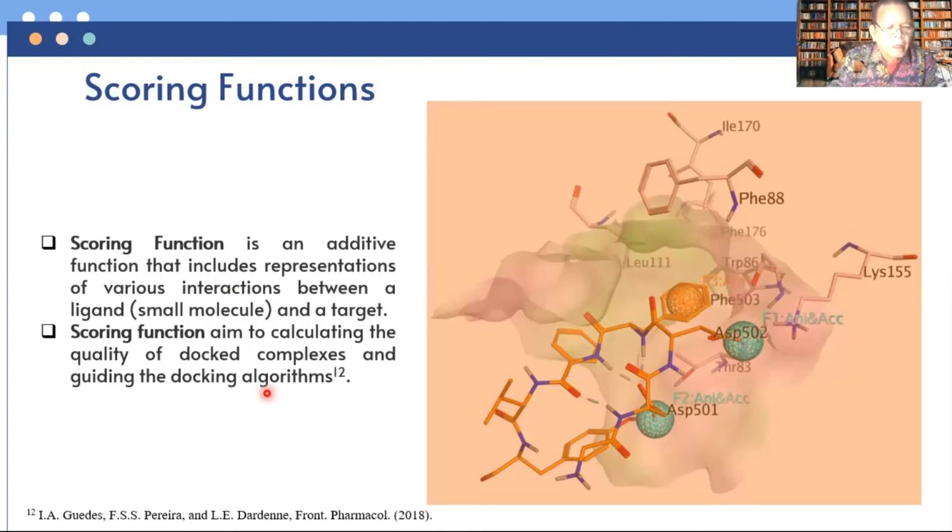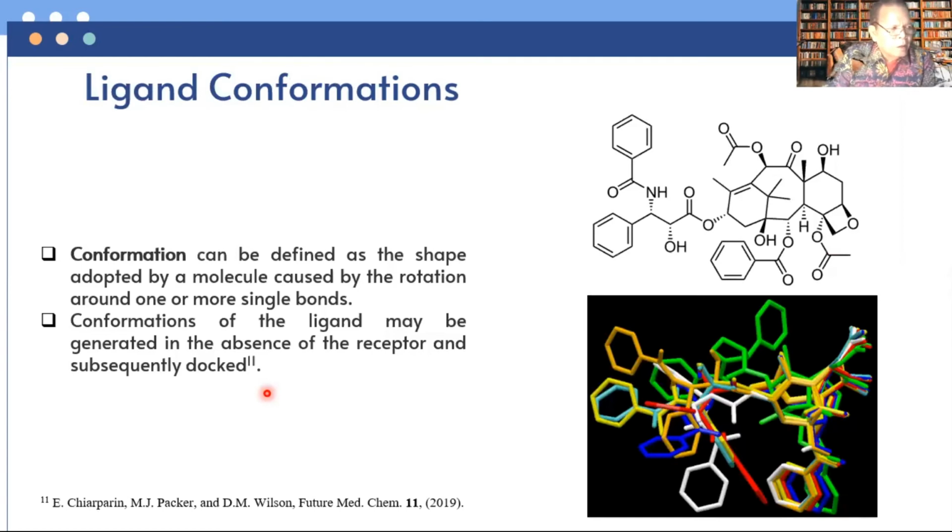Conformation can be defined as the shape adopted by a molecule caused by the rotation around one or more single bonds, and a conformation of the ligand may be generated in the absence of the receptor and subsequently docked. Another technical aspect of molecular docking is ligand conformation. As I have already told you, conformation can be defined as the shape adopted by a molecule caused by the rotation around one or more single bonds. The conformation of the ligand may be generated in the absence of the receptor and subsequently docked, or the conformation may be generated on the fly in the presence of the receptor binding cavity, or with full rotational flexibility of every dihedral angle using fragment-based docking.